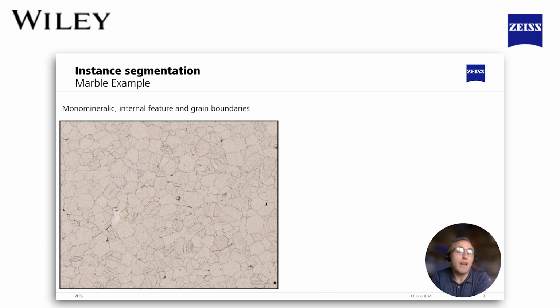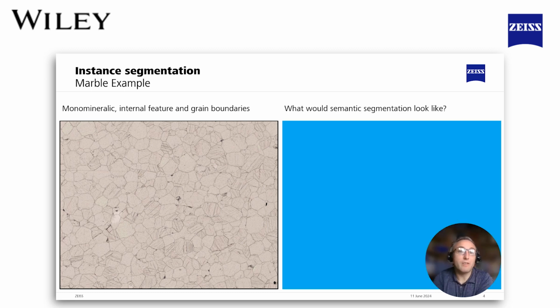And if we wanted to tackle this just with a pixel classification technique, by the time we'd selected enough pixels to define what a grain looked like in terms of its internal variation, which would essentially be the color and the brightness variation, our classification for this monomineralic sample would look like this. It would give us the kind of things that we would expect from a semantic segmentation, which is the area proportions of the mineral of interest.